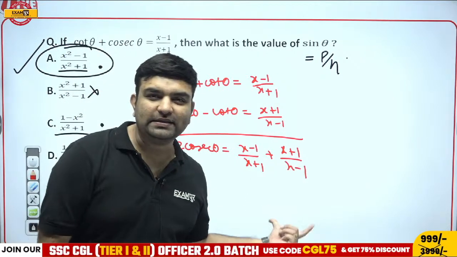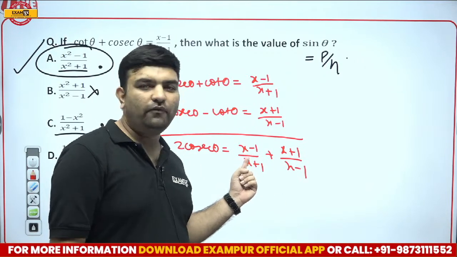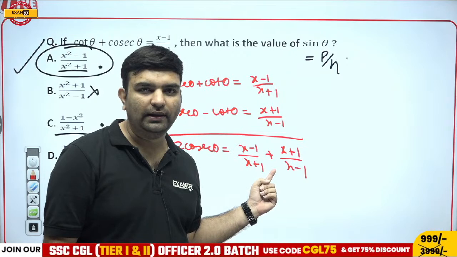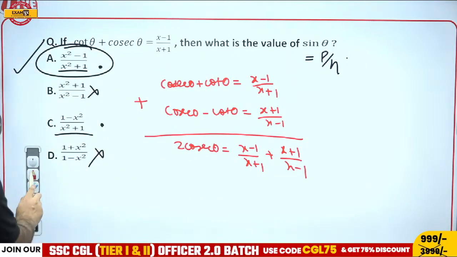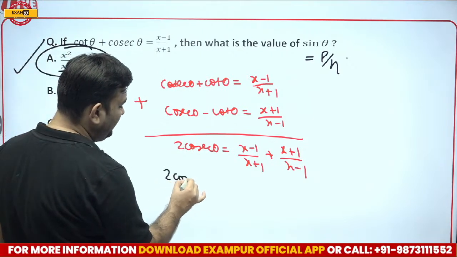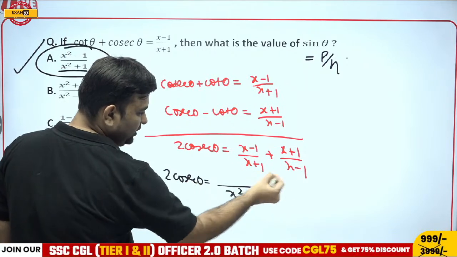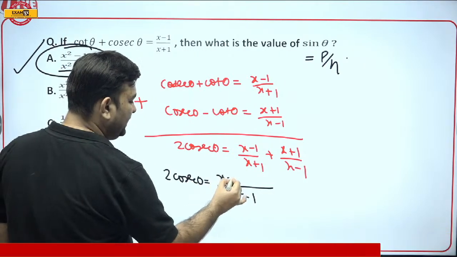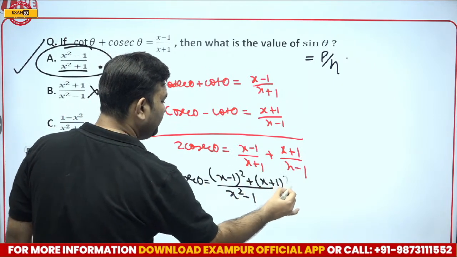Now, after this step, it is very clear that it is in the form of x square minus 1 only, not 1 minus x square. So x square minus 1 upon x minus 1 whole square plus x plus 1 whole square.